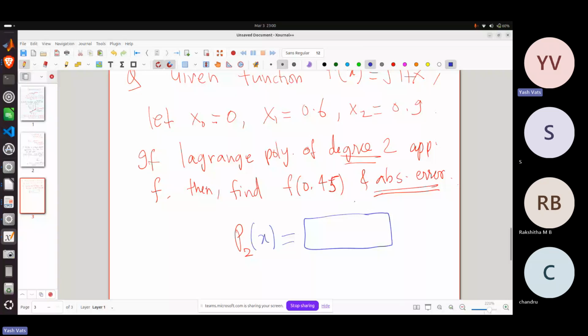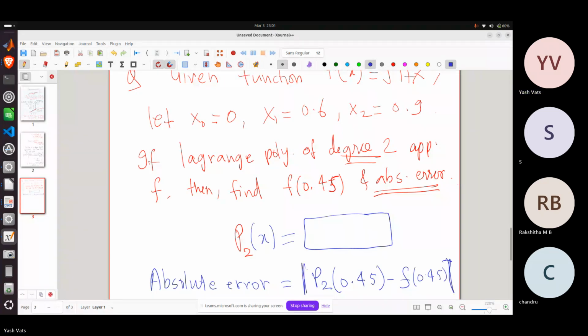Okay, so if P2x is that, then you just try to find out, because absolute error is what? Absolute error is P2 at 0.45 minus F at 0.45, right? That will be your absolute error, and this is the absolute value.